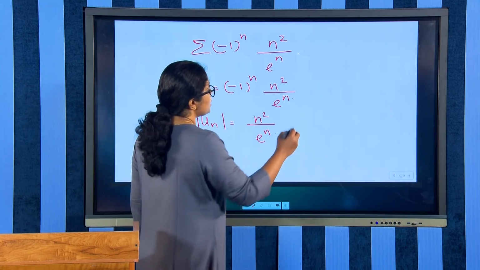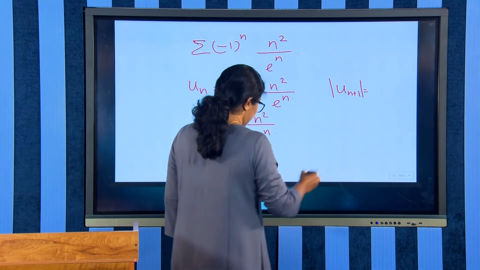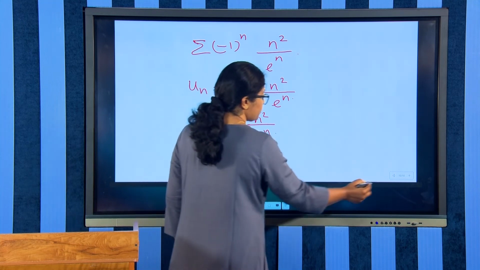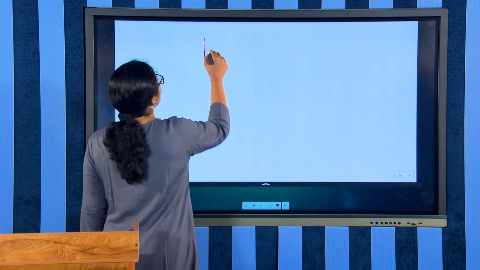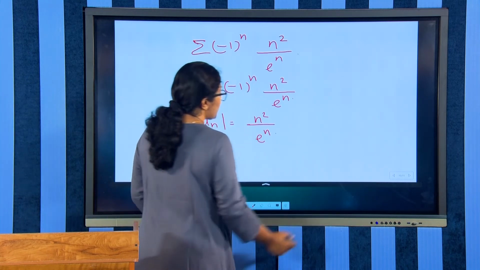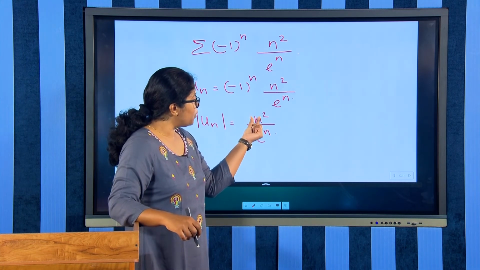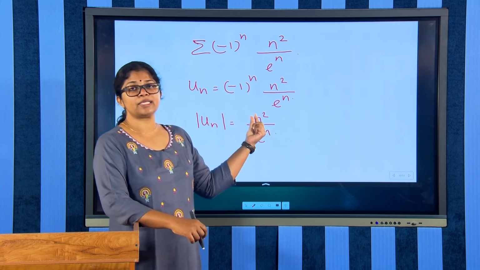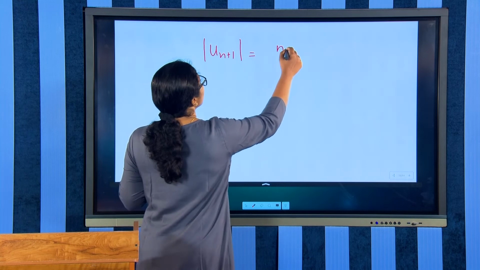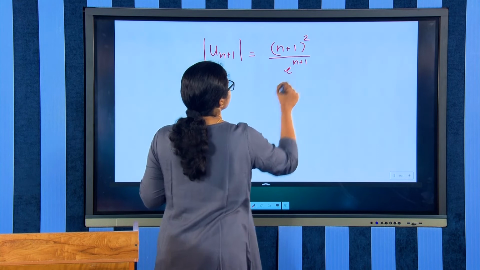When you take modulus of u_(n+1), it is nothing but, here it was n^2 / e^n, so wherever there is n, it has to be replaced with n+1. That is given as (n+1)^2 / e^(n+1).